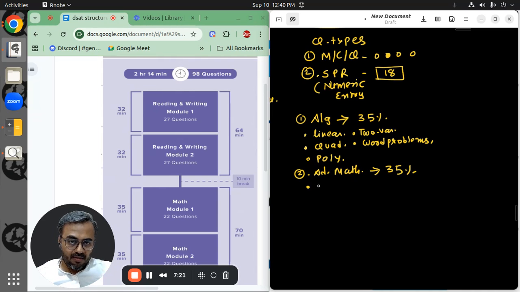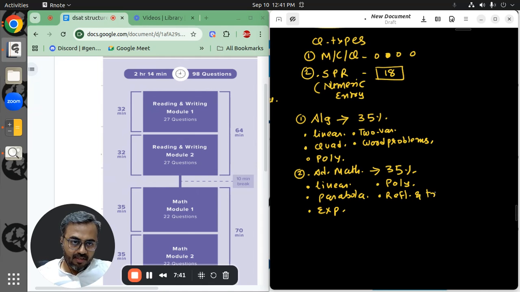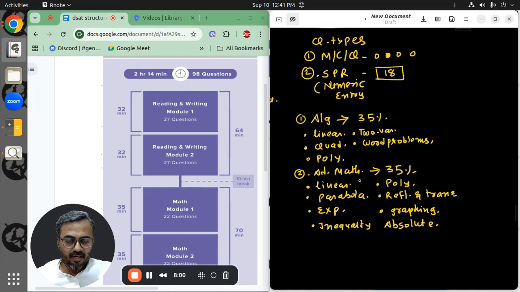Advanced math is inclusive of linear function, parabola, exponential function, polynomial function, reflection and translating the function, graphing the function, inequalities, an absolute form of inequality, and graphs based on that.